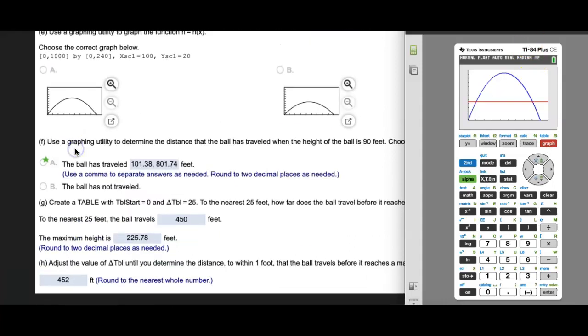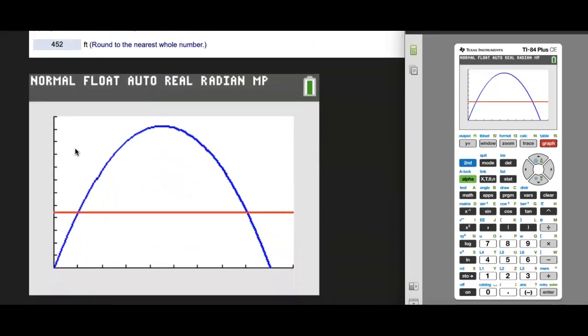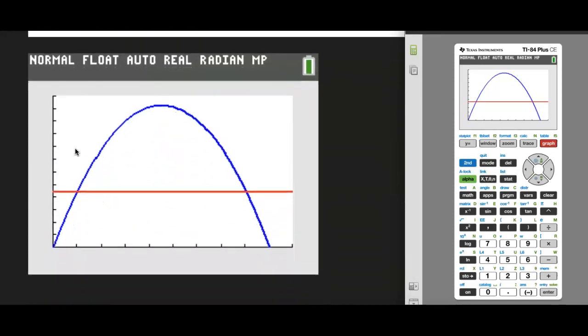All right, so all I've done here is I've just taken a screenshot of that same graph window, because what I'm trying to point out with this is that we want to find these points of intersection.